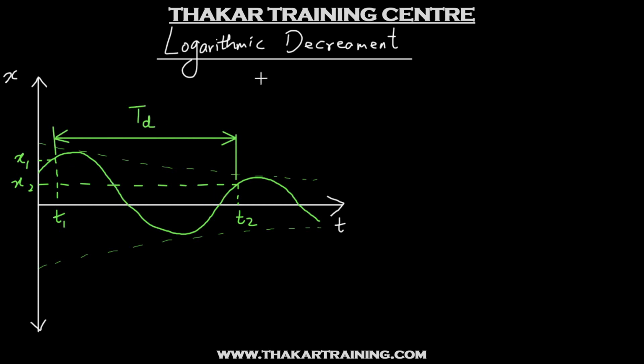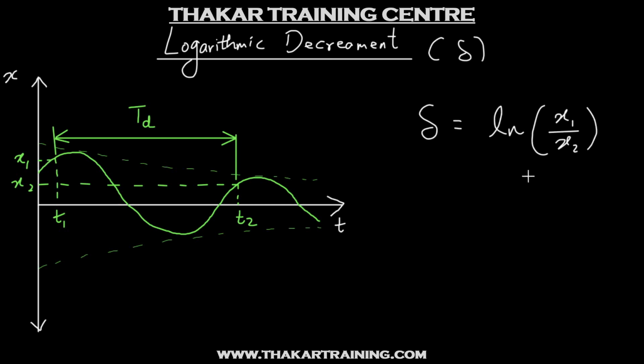What is logarithmic decrement? It is the natural log of the ratio of two successive amplitudes of a vibrating system, which is an underdamped vibrating system. It is denoted by delta, and delta is nothing but the natural log of two consecutive amplitudes of vibration of an underdamped system.